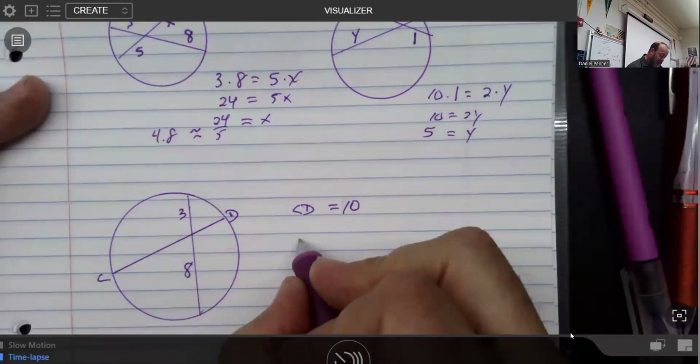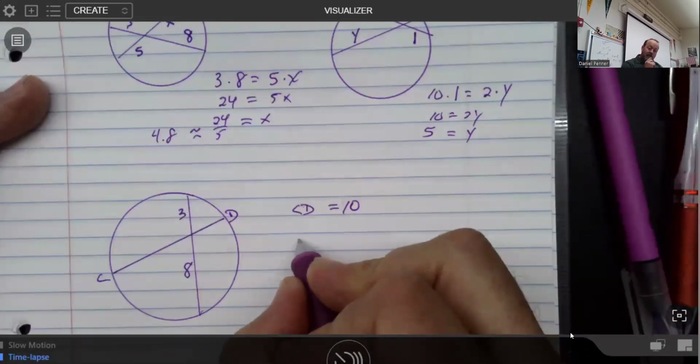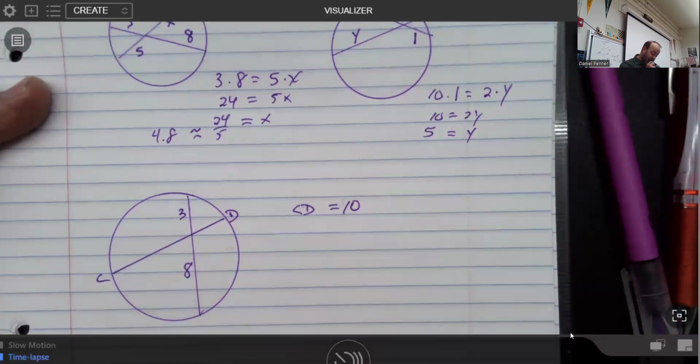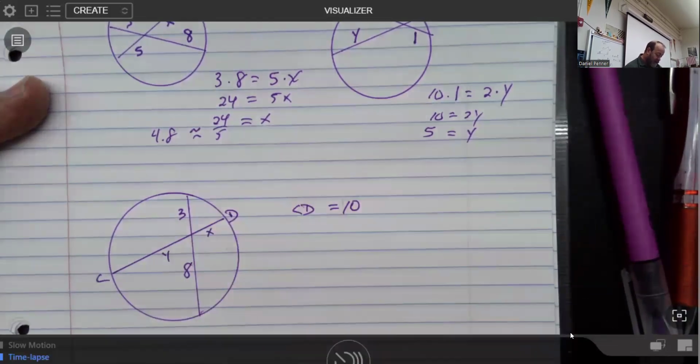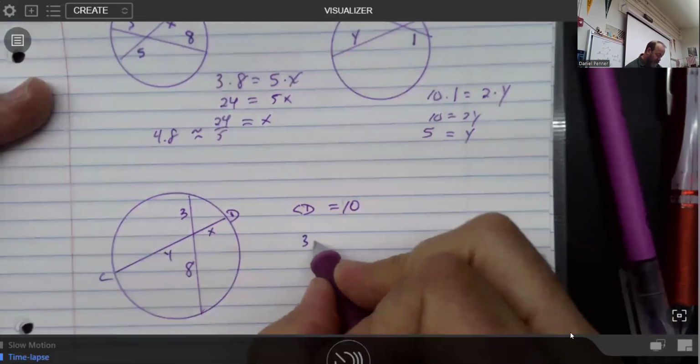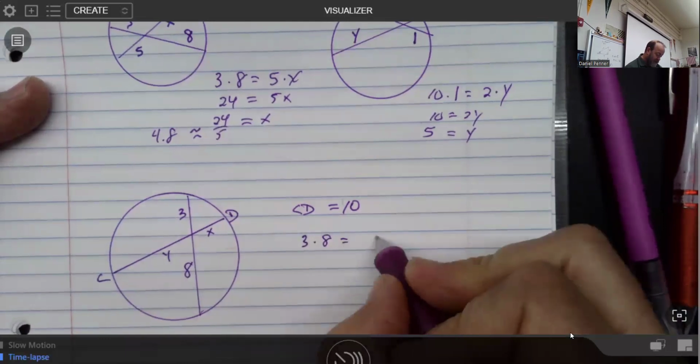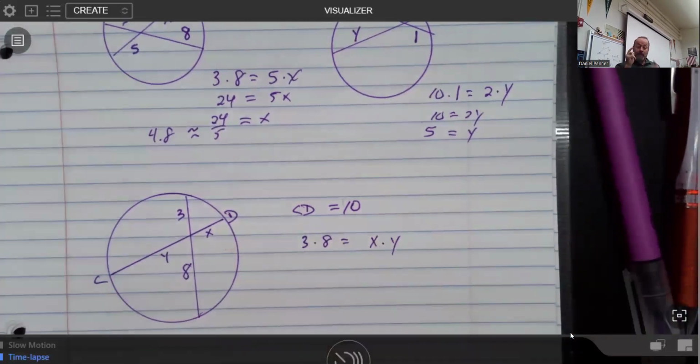So what I've got is, let's imagine I did this. Let's imagine I called this x and I called this y. So I know that the product of 3 and 8 is the product of x and y. That's something I know. But separately, I've got a little bit of a problem here because I've got two variables and I really only want one variable.